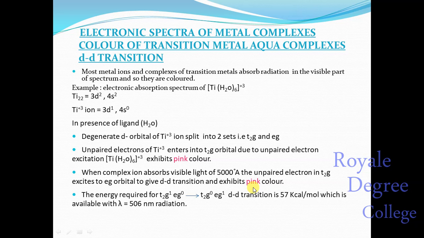So the energy required for t2g1 eg0 to t2g0 eg1 means the unpaired electron present in t2g gets excited, and after excitation that electron goes to the eg set. So the d-d transition is taking place. How much energy is required for this? 57 kilocalories per mole, which is available with wavelength lambda 506 nanometer radiation.